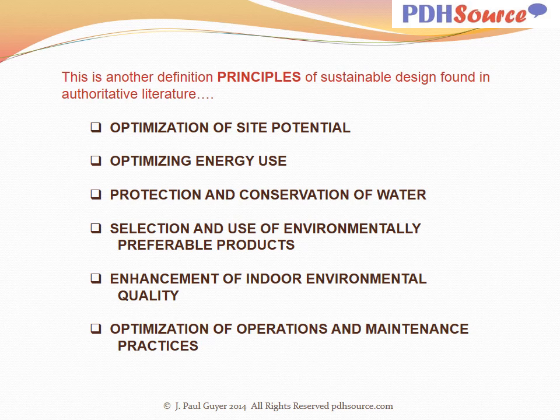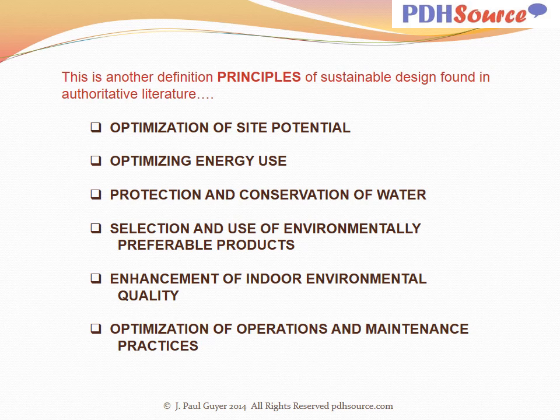And number 2 is the same as number 2 on the federal list, optimizing energy use. That's good. Number 3 is the same as the federal task force's list, protection and conservation of water.